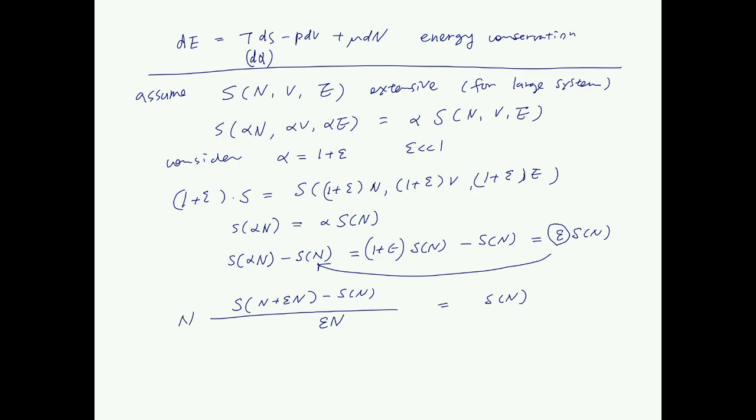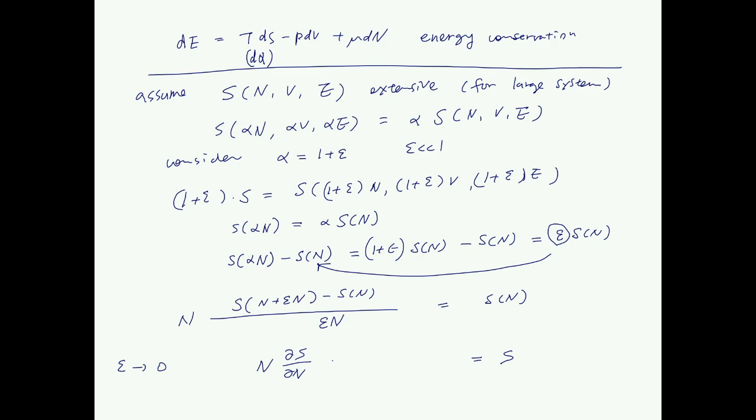So if I multiply it by this, I add to the entropy function a change delta n, which is epsilon multiplied by n, and then divide by epsilon n. In the limit of epsilon going to 0, the left-hand side becomes n partial s partial n, and the right-hand side becomes s.